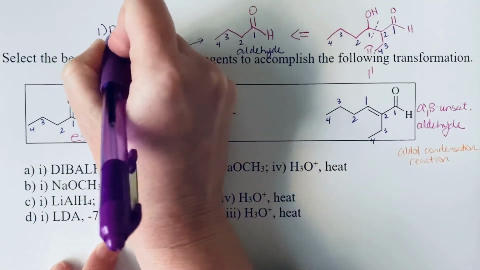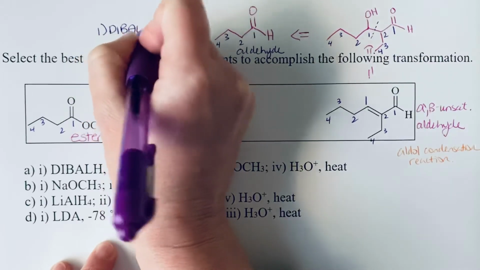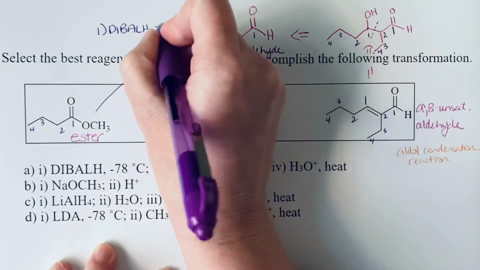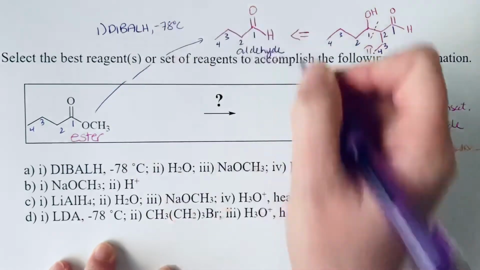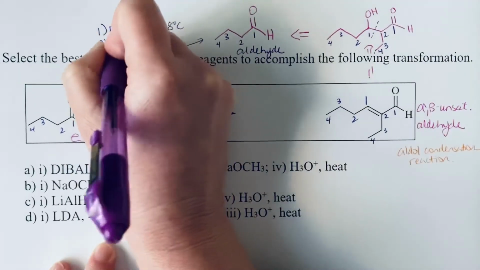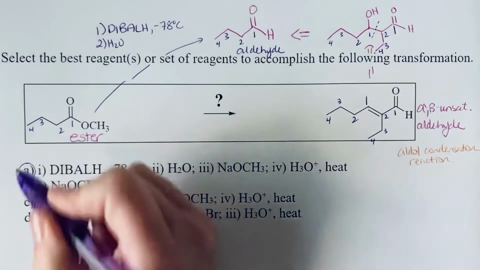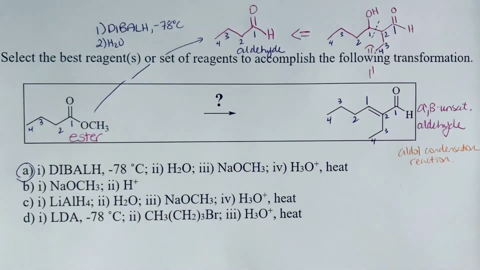So in the first step, you're going to need the DIBAL-H, so diisobutylaluminum hydride, and this is done at a low temperature with an aqueous workup. So with this, we can probably with confidence say that we're looking at A because this is the only one that involves DIBAL. But we should make sure that we understand all of the steps.